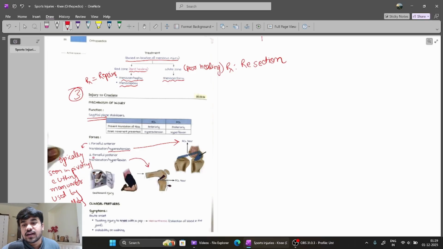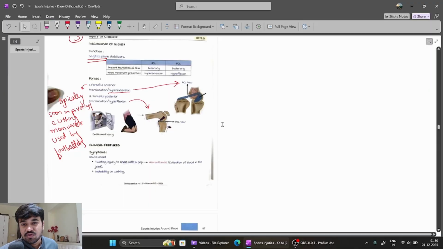So in certain contact sports like football, you might have heard commonly that so and so footballer got an ACL tear and now they will have to stay off the field for the next 9 to 10 months. So ACL tear is quite a big concern for football players and in general any contact sports players, right? So it's quite common in those fields.